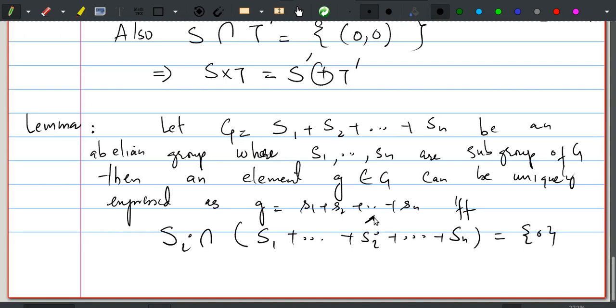This hat here represents that this term is omitted from the sum, that is, this sum contains S1 plus so on plus Si minus 1 plus Si plus 1 plus so on plus Sn. So one can see that in this sum the term Si is omitted. We have denoted this expression like this, where this hat means the term Si is omitted.